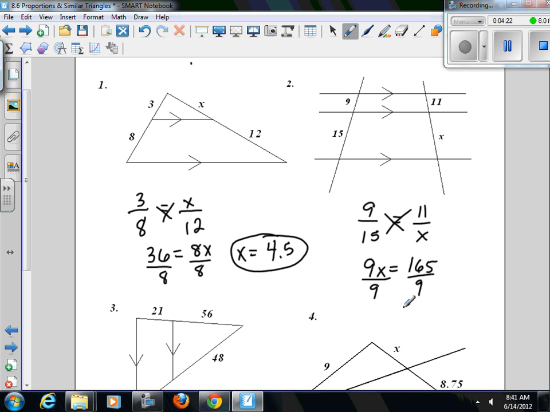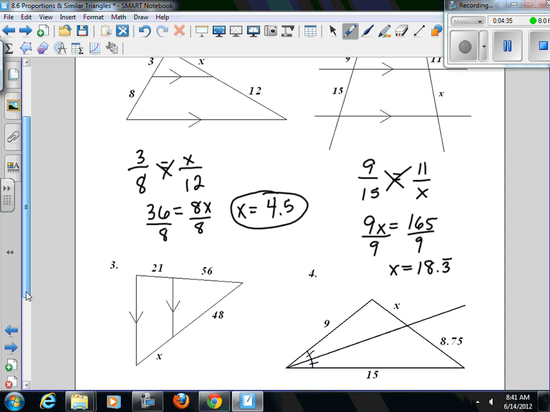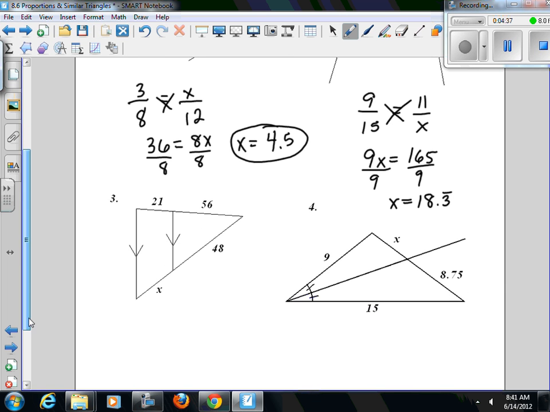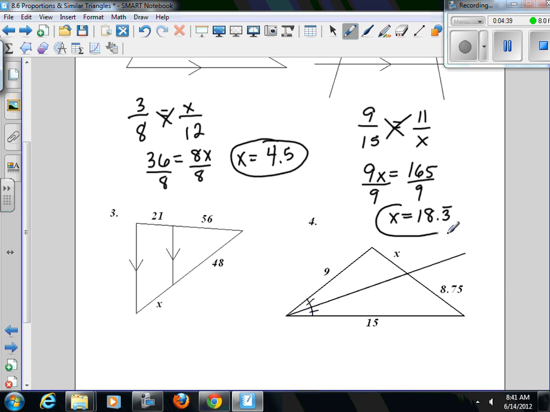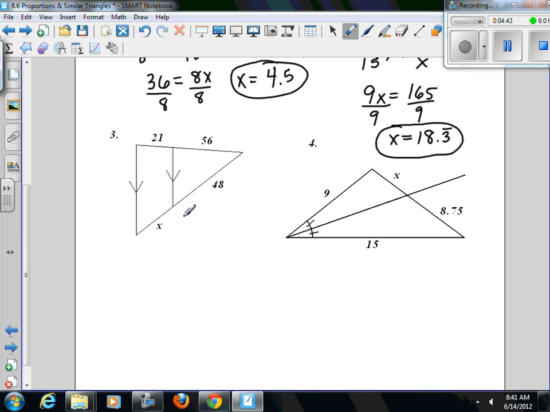Now divide everything by 9 to get x alone. And 165 divided by 9 gives us 18 1/3, or 18.3 with the 3 repeating. Okay, so once we make our proportion, we're all set to go ahead and solve.